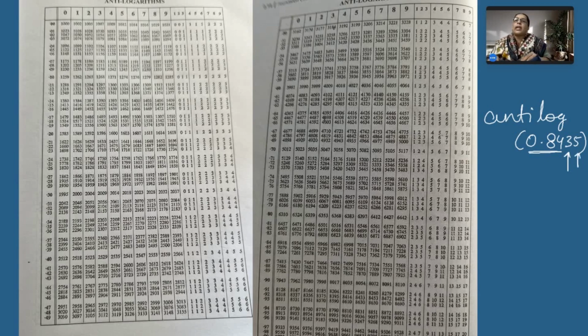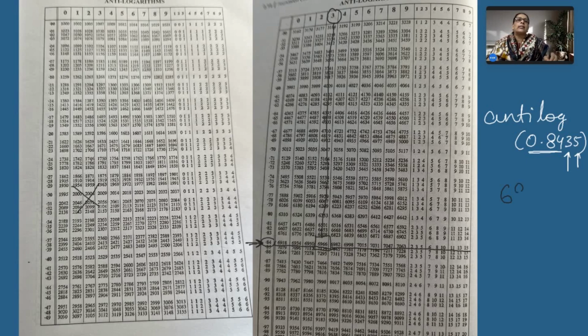0.84 is not available on the first page, but on the second page 0.84 is available at the location where I'm putting a black colored arrow. This is 0.84. So we have to look along this column of numbers, and then the third column. So along the third column, drop down. At this junction, we have a number 6966.